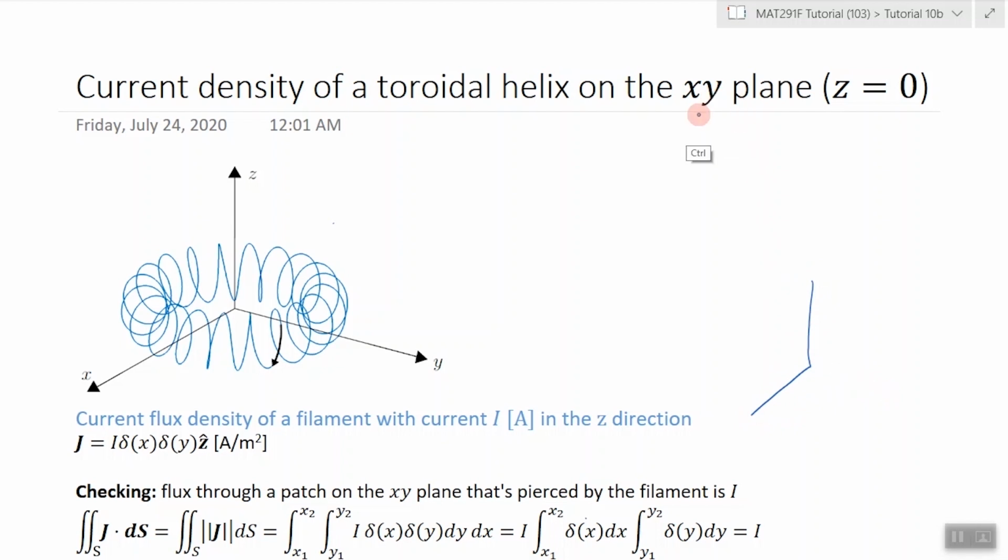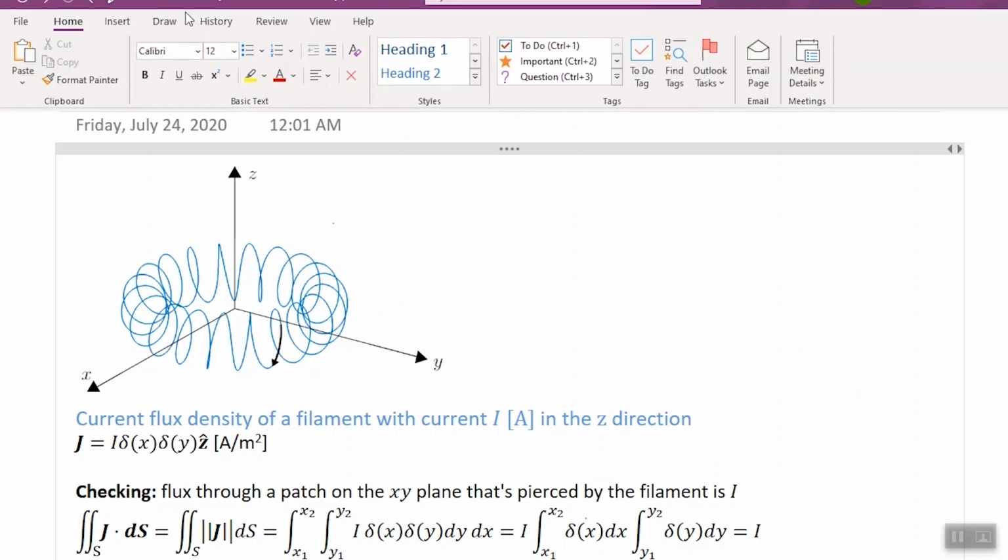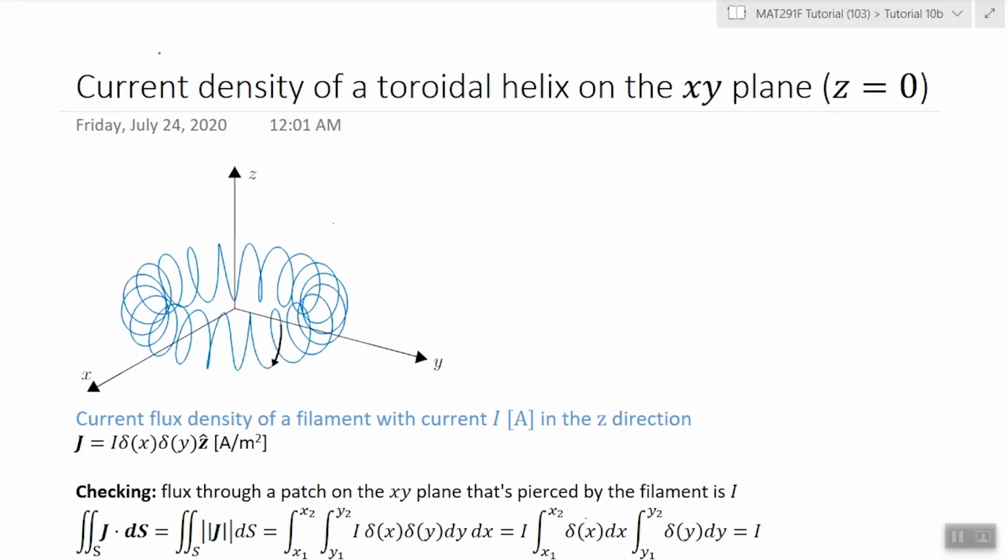Let me use black. We have the xy plane. And we have a filament that's aligned with the z-axis. So it's piercing the xy plane.